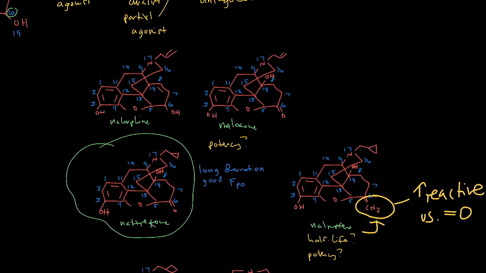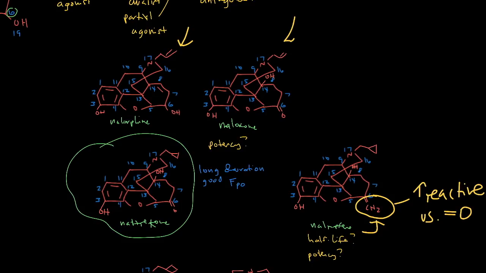Therefore, they have shorter half-lives. So if you find a double bond CH2, you typically reduce the half-life. Like over here and over here, your double bond carbon groups make the compound more reactive.